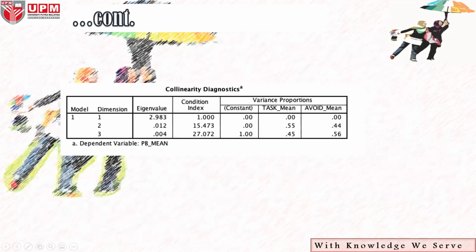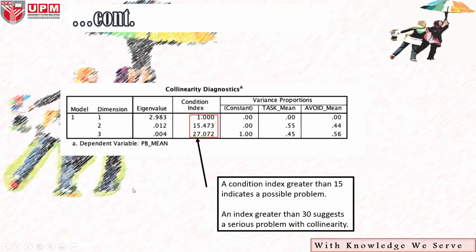Collinearity diagnostics. We refer to the condition index. A condition index greater than 15 indicates a possible problem, meaning there are cases we need to look at.